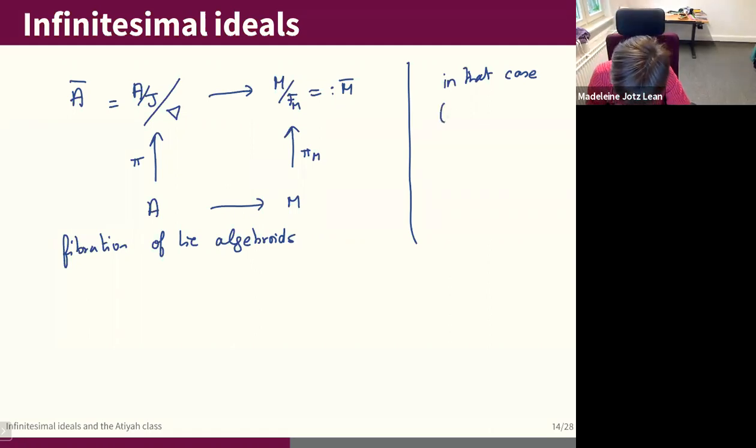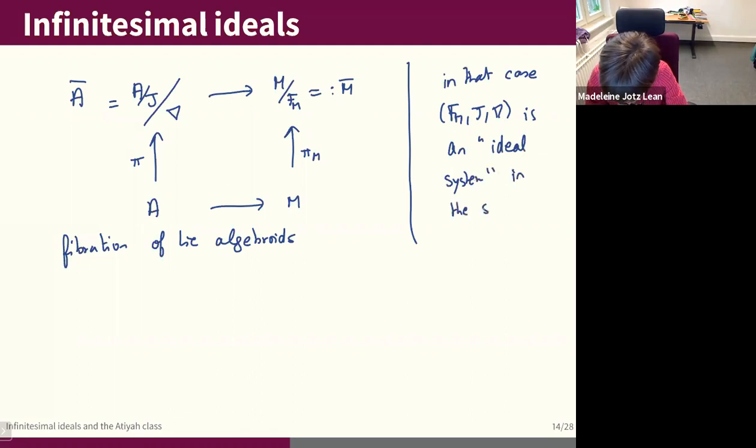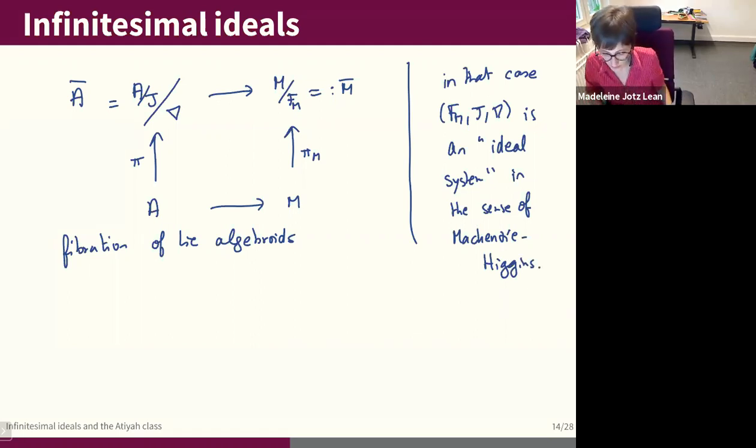So in that case, Fm J nabla is an ideal system in the sense of Mackenzie and Higgins. And that's really why our objects are called infinitesimal ideal systems. Okay, so in that case, we have this construction and the connection.